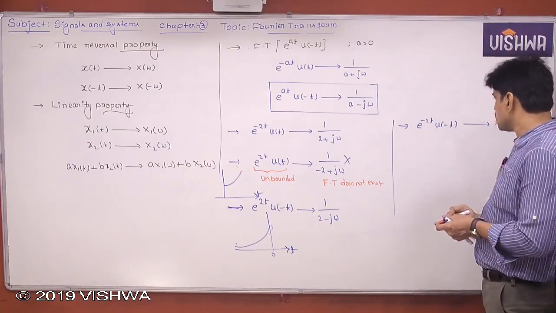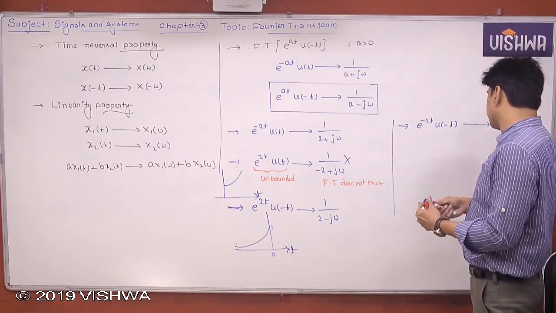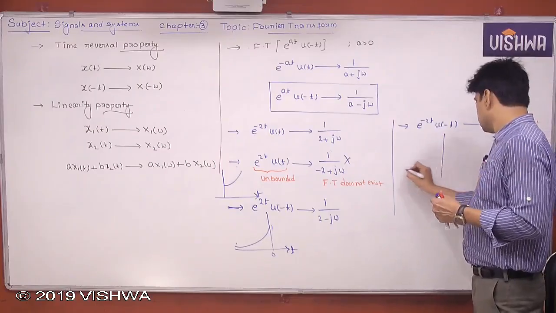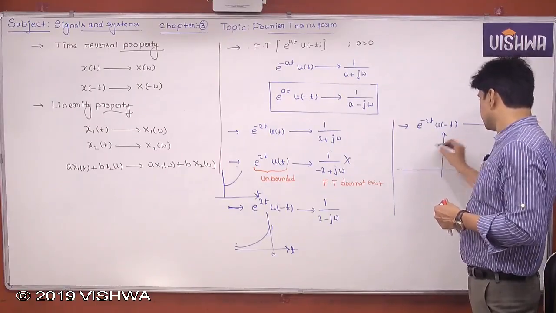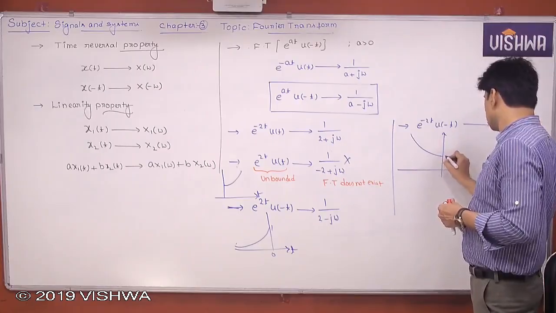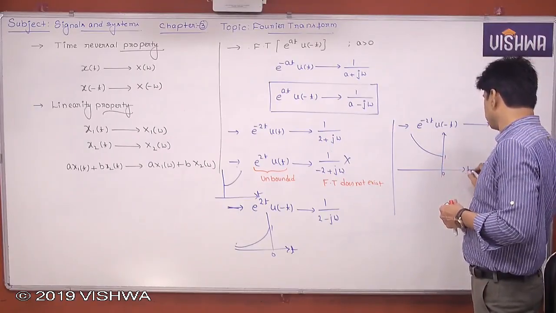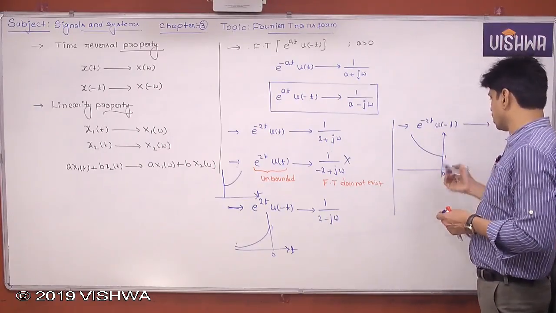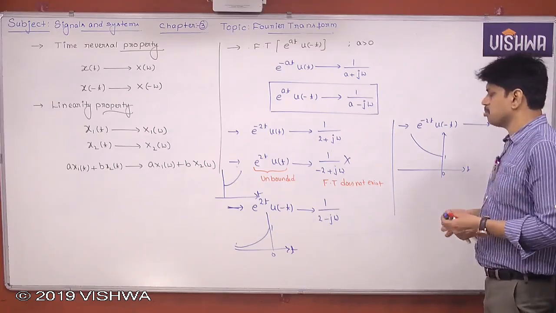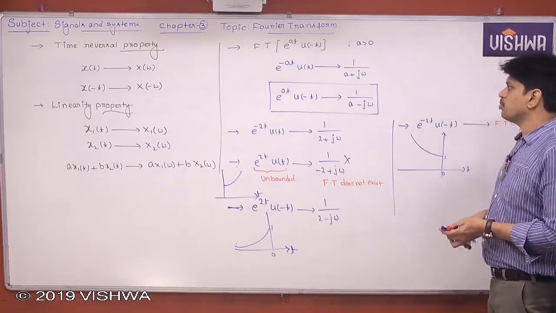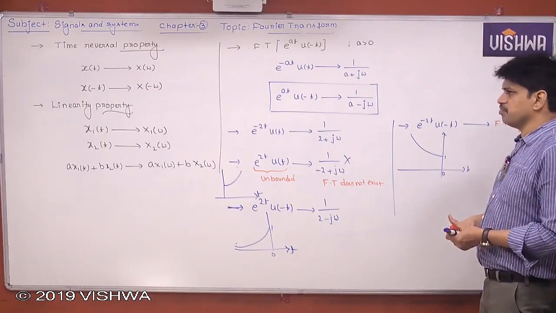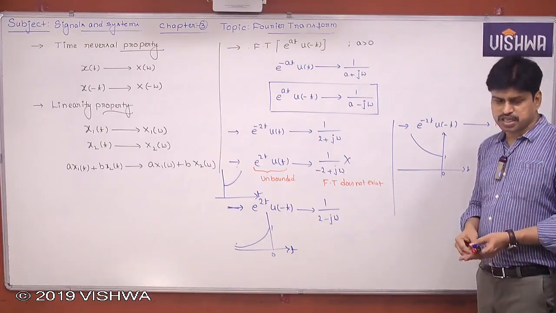See here, this is also an unbounded function. It is a decaying exponential, but it is on the left side. So this is what the function is going to be. So it is an unbounded function. For an unbounded function, the Fourier transform does not exist. So while writing the Fourier transform, please check whether it is bounded or unbounded. Clear? Take this.